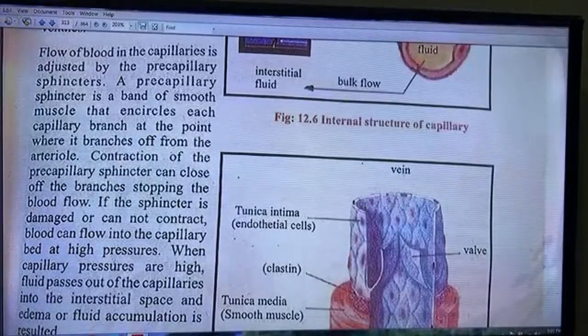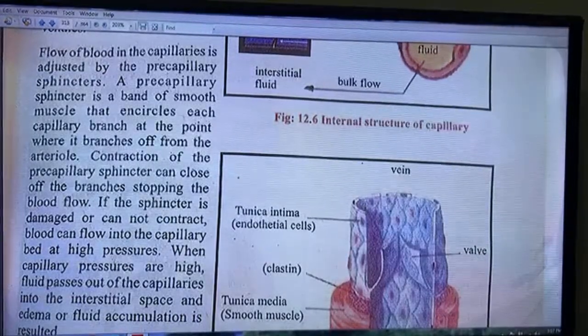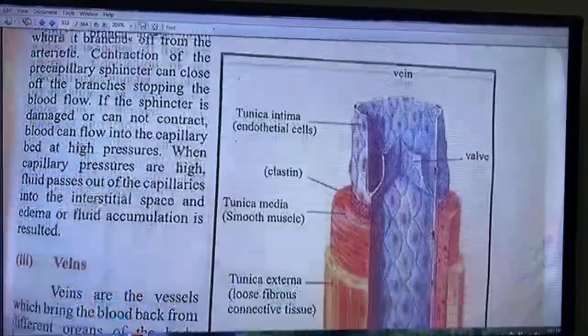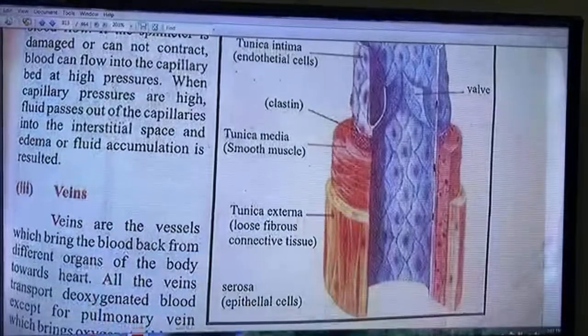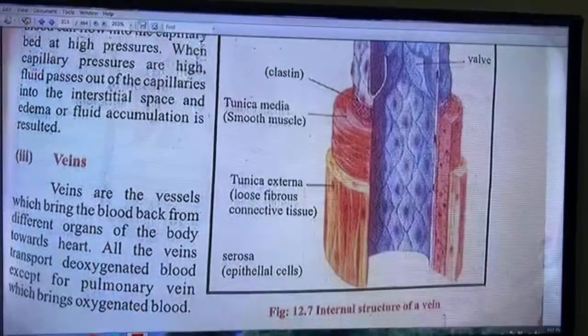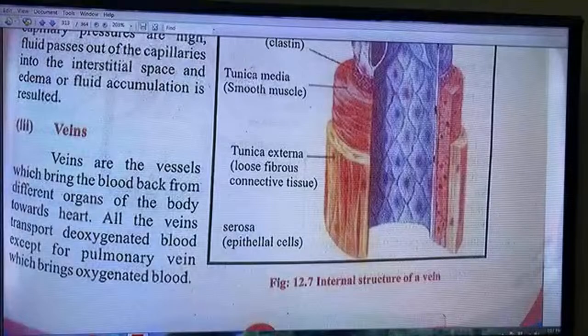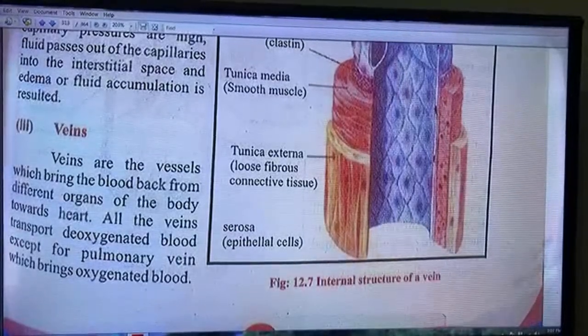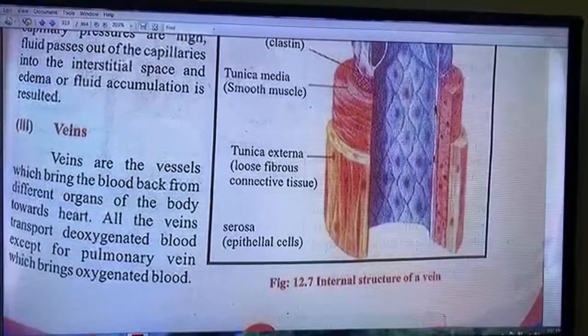If the sphincter is damaged or cannot contract, blood can flow into the capillary beds at high pressure. When capillary pressure is high, fluid passes out of the capillaries into interstitial space and edema, or fluid accumulation, results.